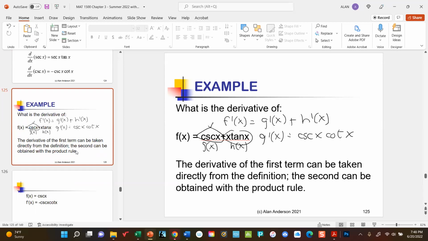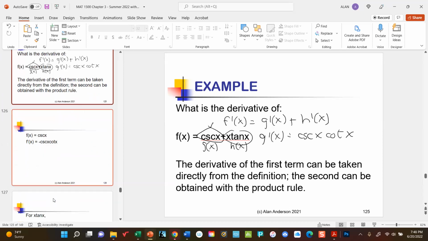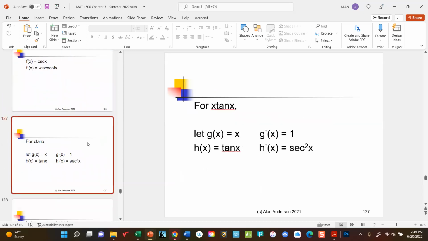This is the tricky one, because all of a sudden we need the product rule. Oh, no. Okay, so how would that work? So for x tan x, let's remind ourselves what this thing looks like.